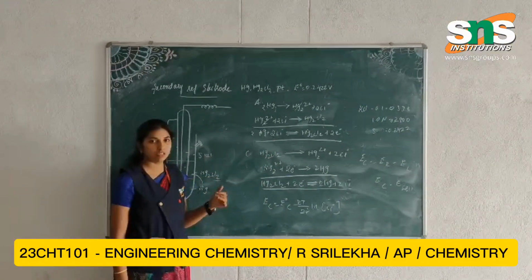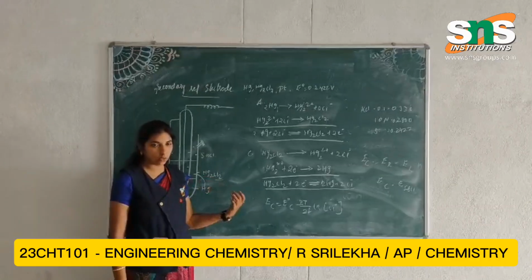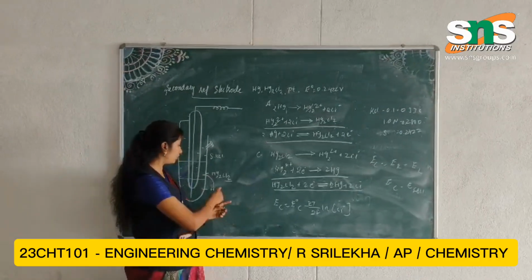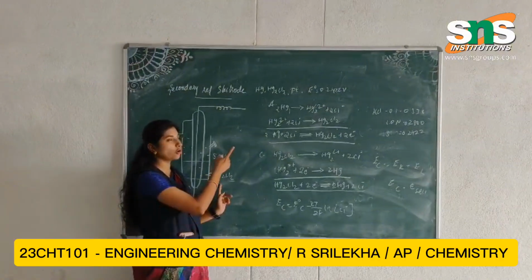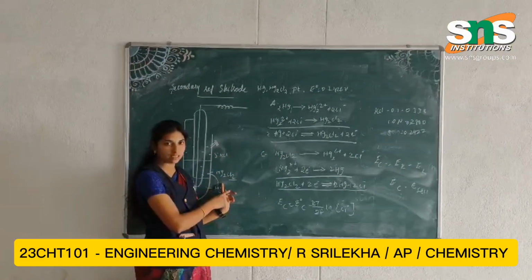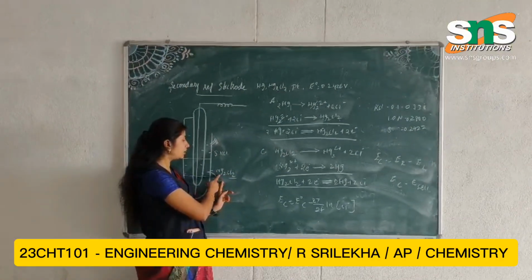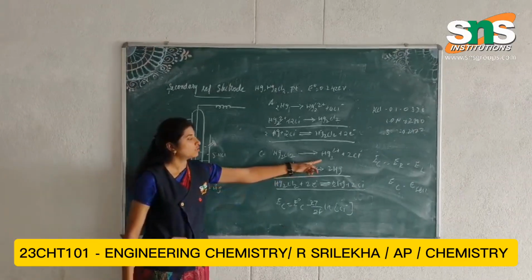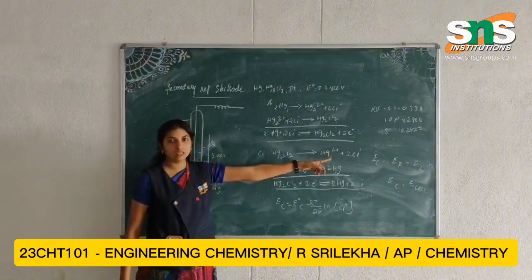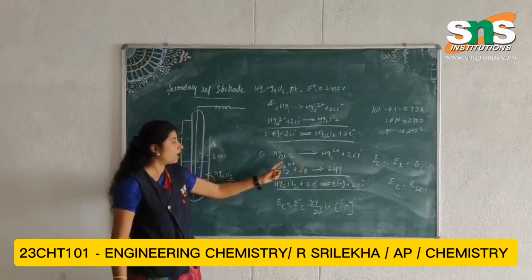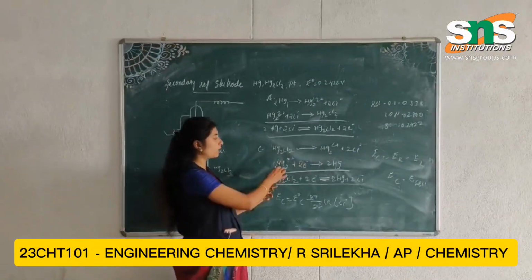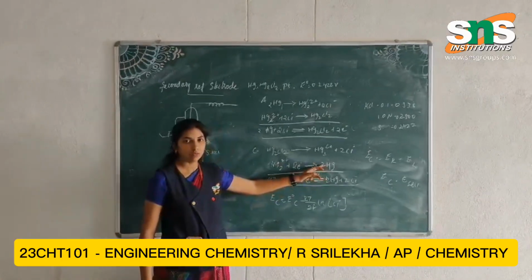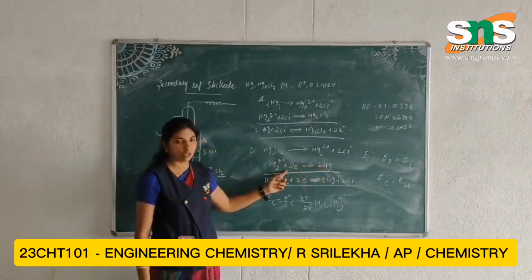Next, we consider the cathode. The cathode reaction is the reversal of the anode reaction. Hg2Cl2 gives Hg2 2+ plus 2Cl minus reversibly, and Hg2 2+ gains electrons to give 2Hg.